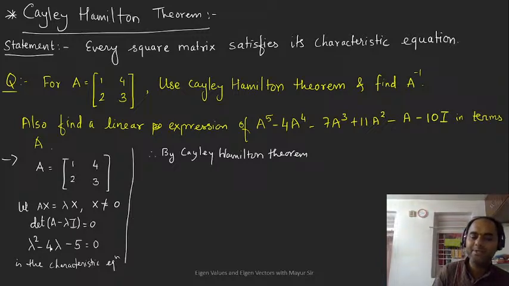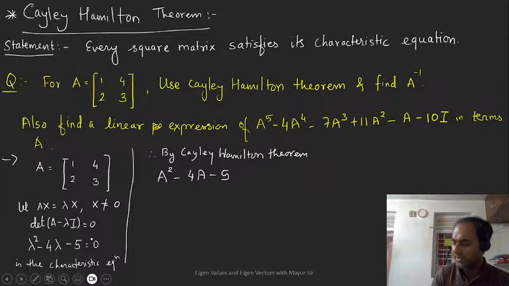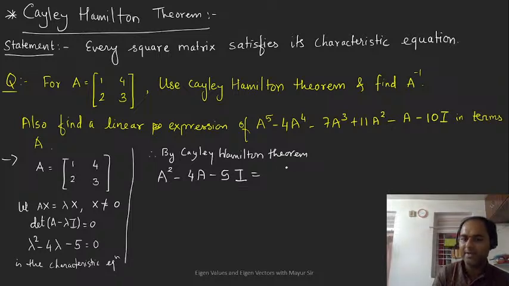Wherever you see lambda, you replace it by capital A. A square minus 4A minus 5. Now see, 5 is a number, but if you are writing it in terms of matrix, then you will have to write that number is always multiplied by I, the identity matrix, and that becomes equal to 0. Now in terms of matrix, this will become 0 matrix.